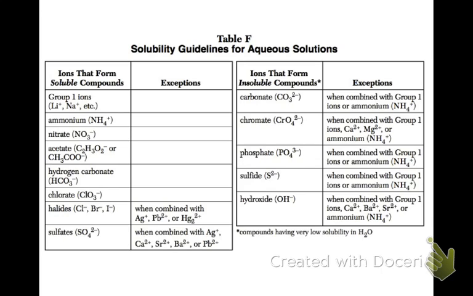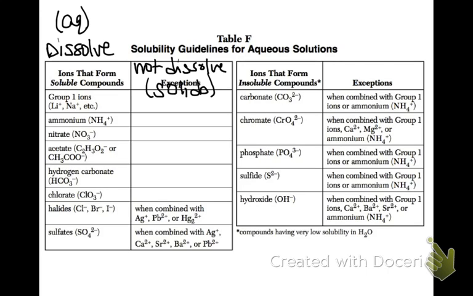So to read table F, we see that we have on the left-hand side ions that form soluble compounds, meaning that these will dissolve. There are certain exceptions, so these will not dissolve in water. They'll form solids. Actually, I'll write that down here too, solids. Whereas the ones that will dissolve will be aqueous.